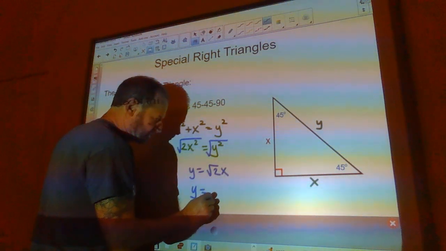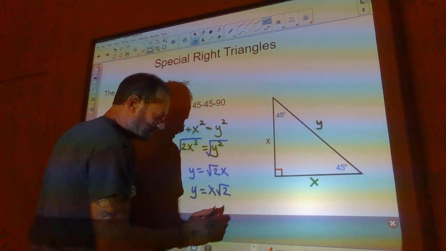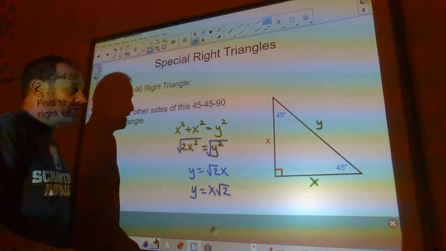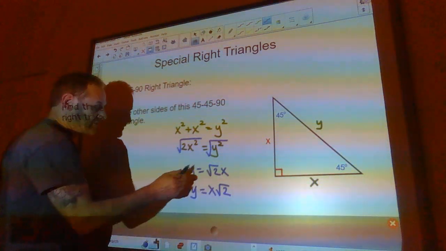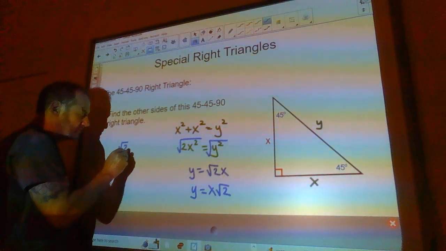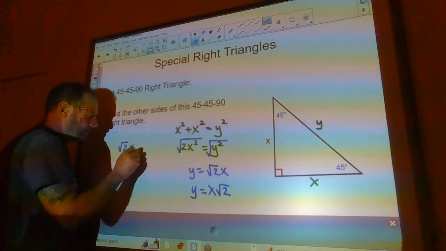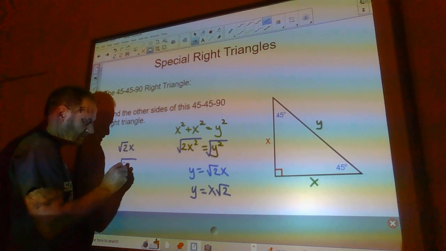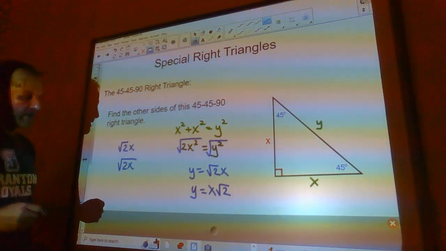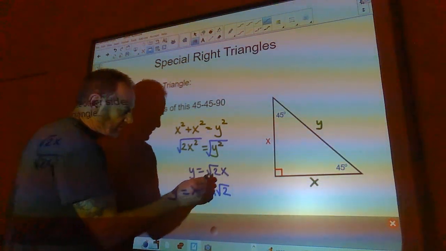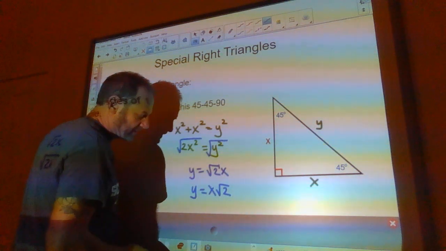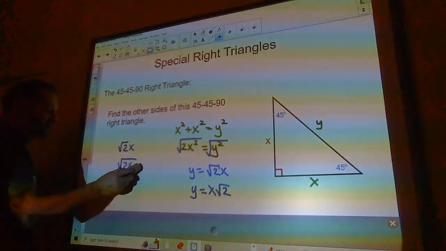And we usually write the x out in front like this, so there's no confusion as to whether you mean this or you mean this. Okay? So the other thing you can do is put a little mark like that right there to show that it ends at the square root of 2.